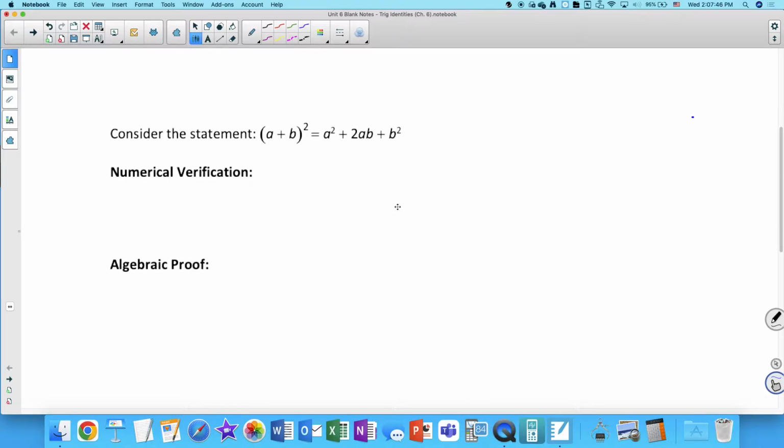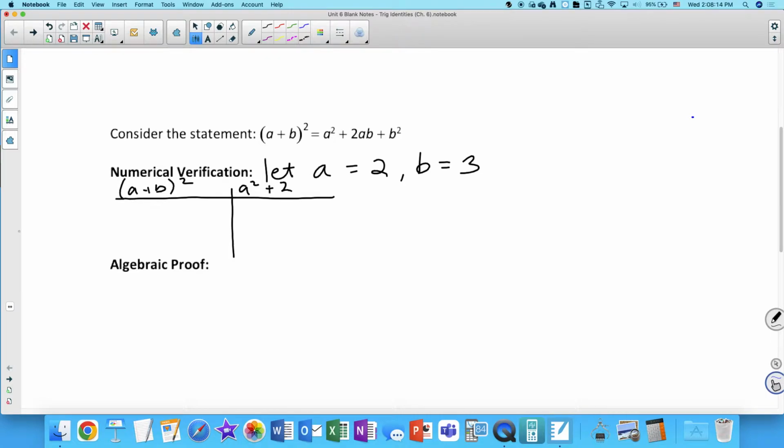So for example, if I wanted to support this identity, (a + b)² = a² + 2ab + b², then I could substitute, let's say, a = 2 and b = 3. For these particular values, I take the left side and the right side and sub in these values.